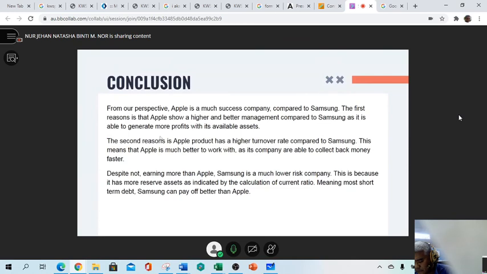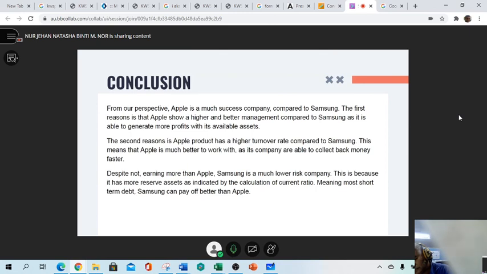Finally, conclusion. From our analysis, Apple is a more successful company compared to Samsung. The first reason is that Apple shows a higher and better management compared to Samsung and is able to generate more profit with its available assets. The second reason is Apple's products have a higher turnover rate compared to Samsung.